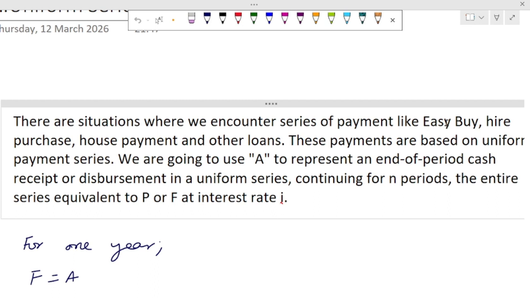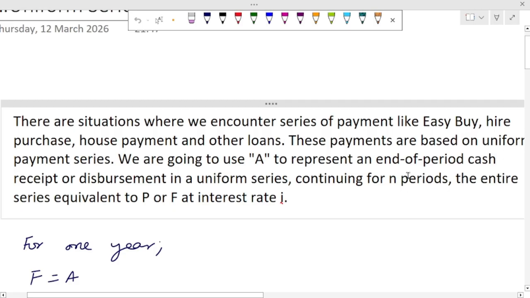You know how you buy things from Easy Buy: this is the total amount I have to pay to get this phone or whatever product, then you start paying a fixed amount, monthly or something like that, until you've completed your payments.